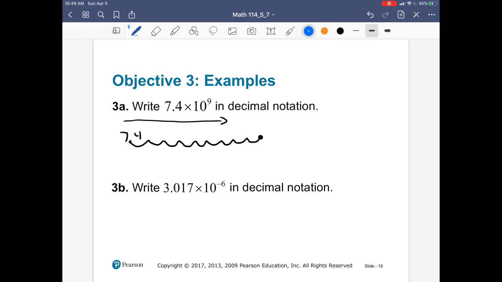Our decimal is going to end up there, and these will all be zeros. So this becomes 7,400,000,000.